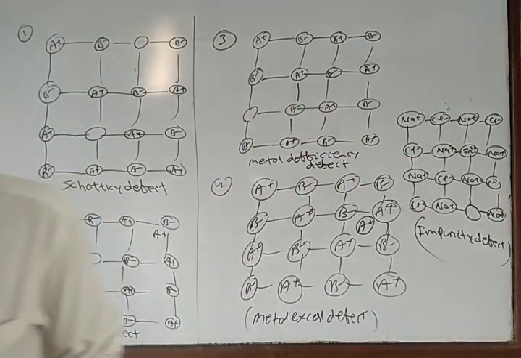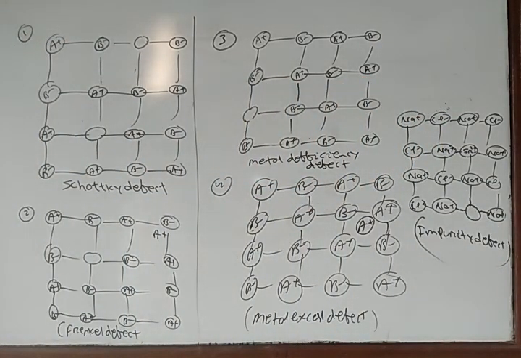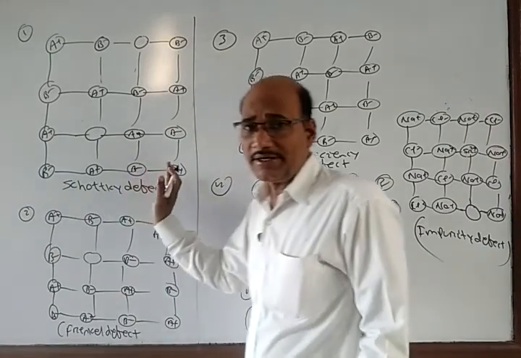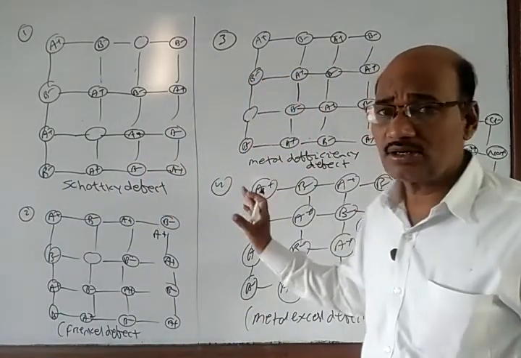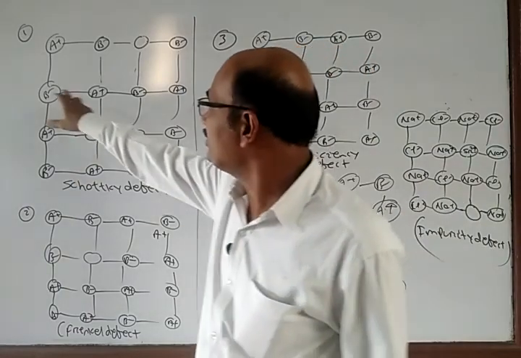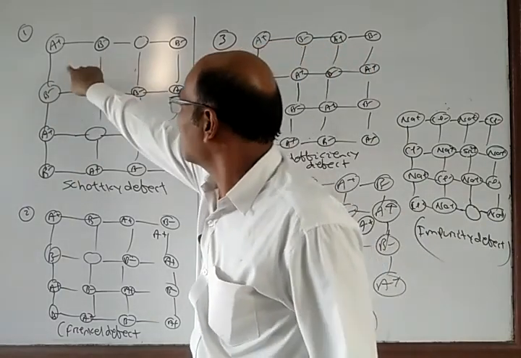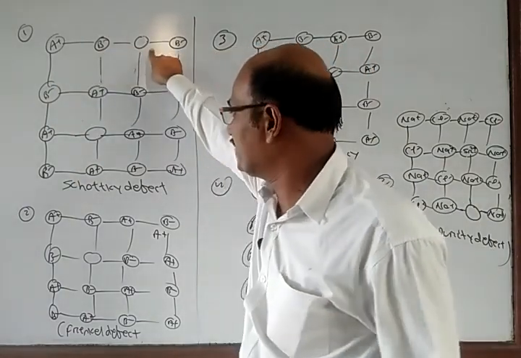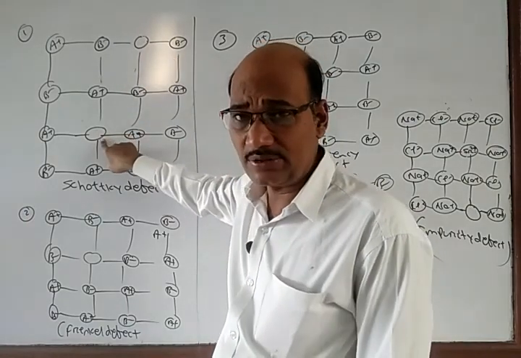Okay. So the defects in solids, basically the Schottky defect and Frenkel defects, are responsible for the electrical conductivity of the solids. Here imagine an A plus ion is absent there.